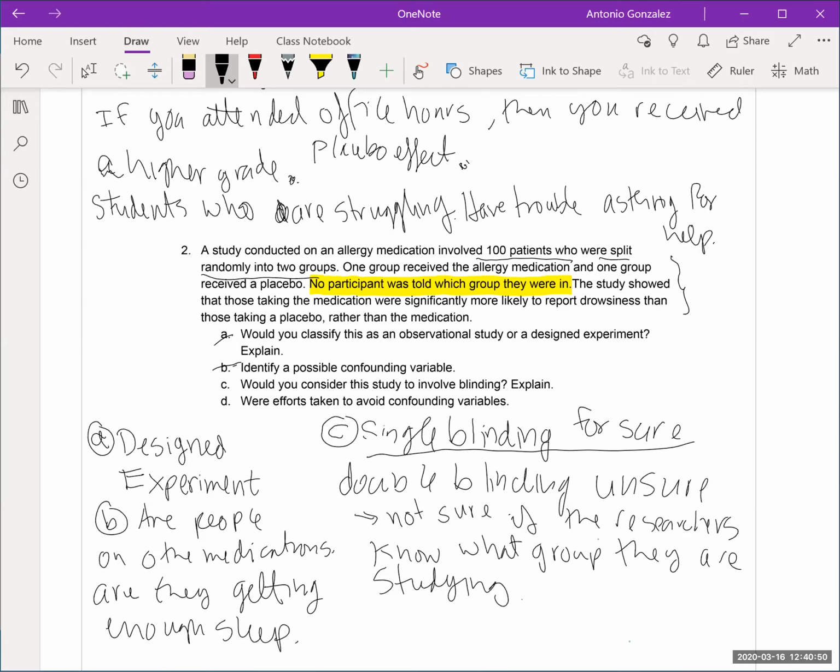Okay, so it's unclear from just what's stated here. It just said the participant was not told which group they were in. If we were also told from this information that the researchers didn't know either, then that would be double blind. Okay, does that make sense, Jorge or Melody?